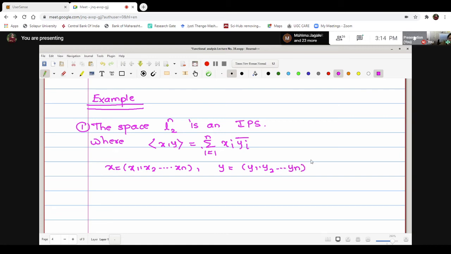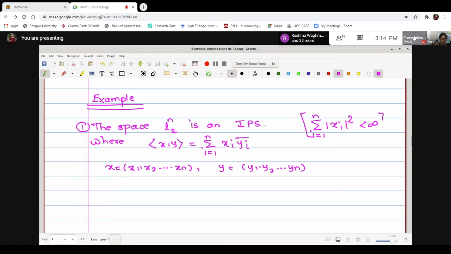Our aim is to prove that L2n is an inner product space. We have seen the space LPn. Now we are going for the particular case of L2n spaces. What does L2n give us? Summation of mod xi square is less than infinity for i equals 1 to n.